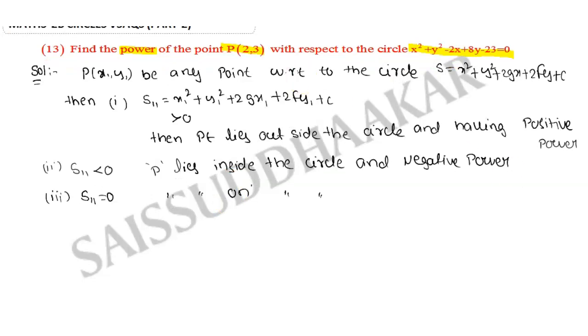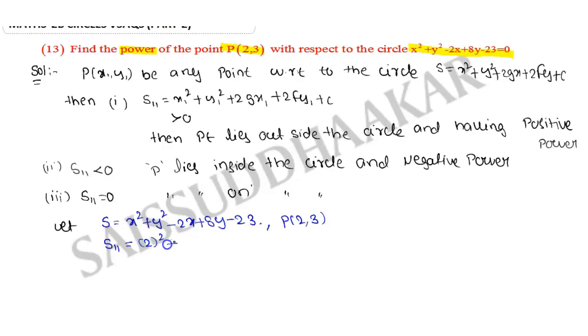So here, coming to the question, let S = x² + y² - 2x + 8y - 23. The point is given as (2, 3). Now substitute the point to get S11.